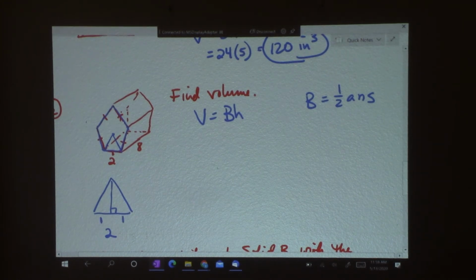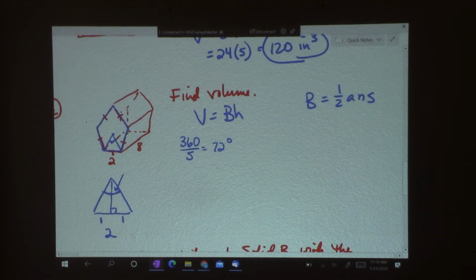So what am I going to use? Well, I know because it's regular that I can find this angle measure. So the whole thing is 360 degrees. So if I divide that by 5, the number of sides, I get 72 degrees. So this angle right here, which is both of these, is 72.